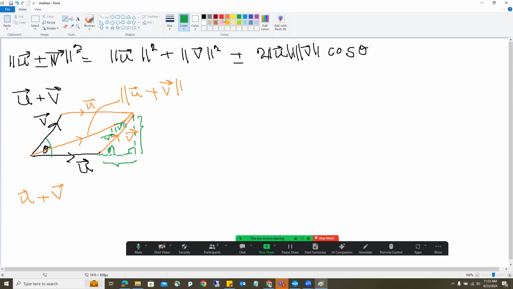Now that means we can consider this one as V cos theta, and this one as V sin theta. Is it clear? We just divide this one into this one. I just used this one.